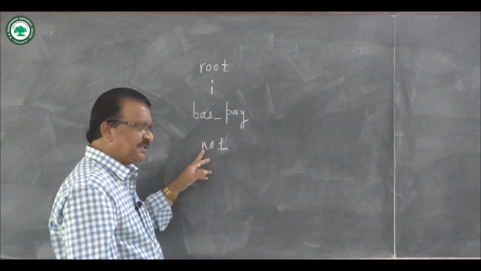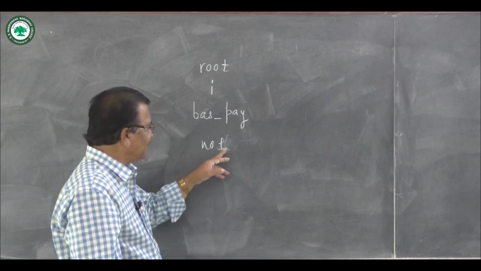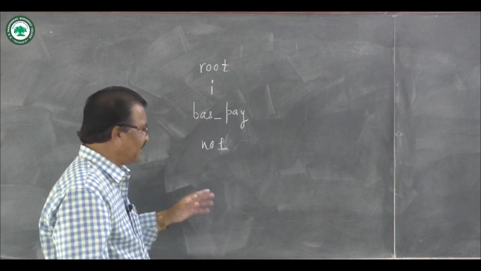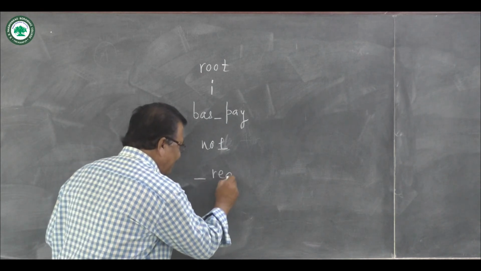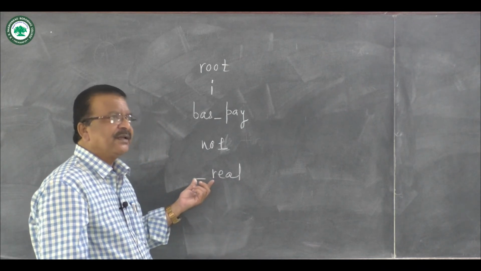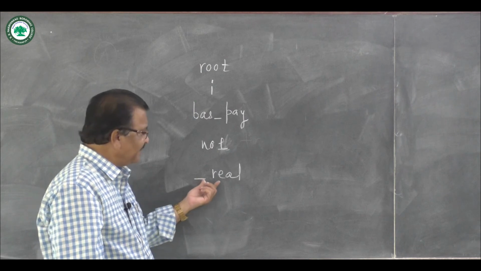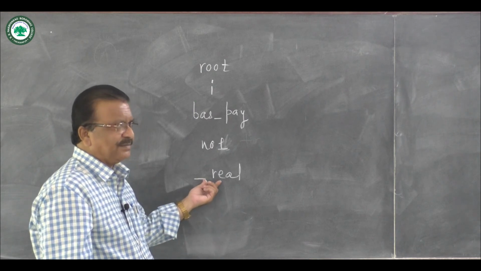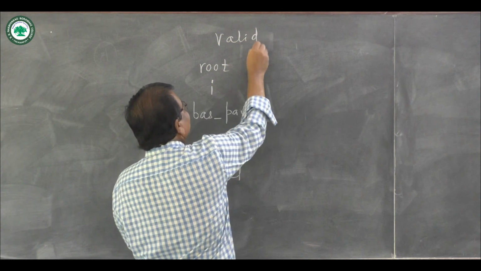The first character must be strictly an alphabet. Total length is 7 characters and digit 1 is appearing here. All these are valid variable names. Then underscore real. Although such names are used for library routines, if you ask me whether it is a valid variable name, then technically yes, it is a valid variable name. So these are all valid variable names.